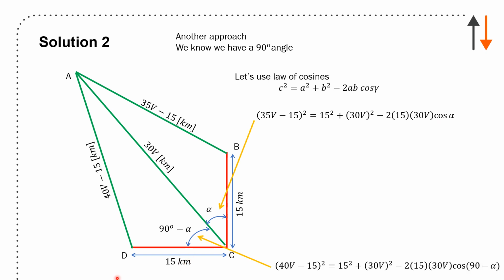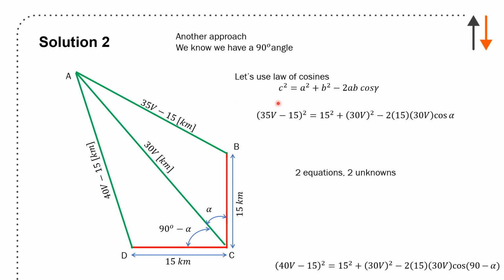Then you could do the same thing: (40v minus 15) squared equals 15 squared plus (30v) squared minus 2 times 15 times 30v cos(90 minus alpha), 90 degrees. Okay, so I really should put units on these things. So you can see here that basically this section and this section are the same. These two are different, but that's not so bad.